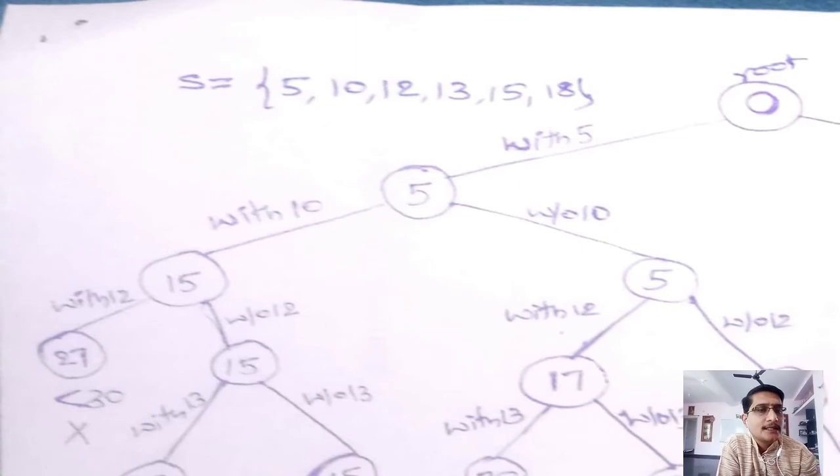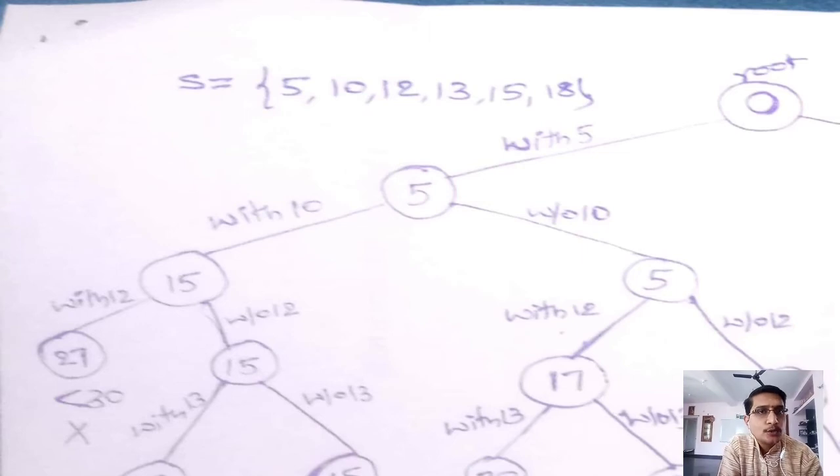27 is less than 30, but even if we consider the next item, that is 15, it will be more than 30. So it will not give us the proper solution. This will become a non-promising node, so we will have to backtrack. We will backtrack to the 15 node.